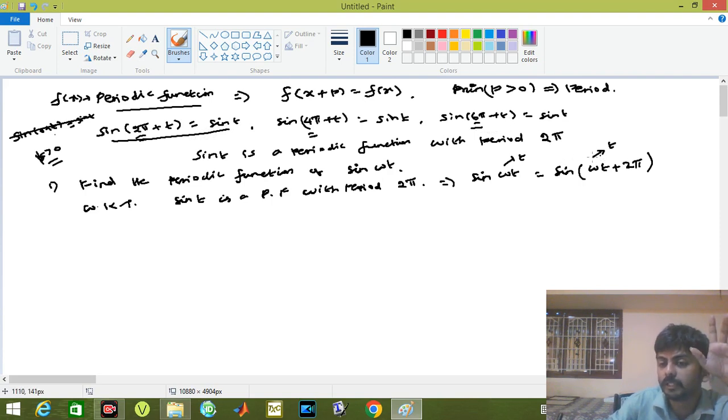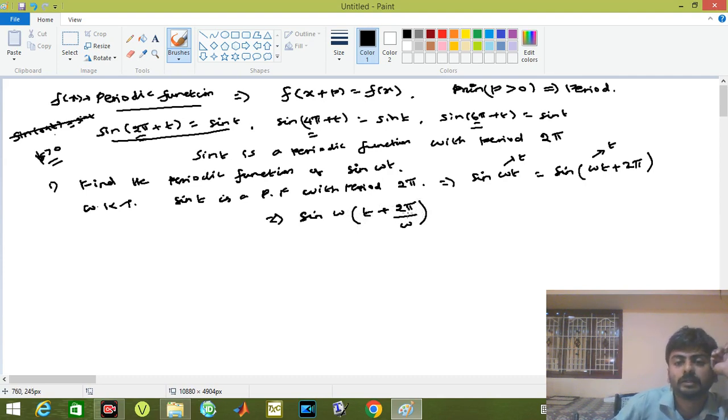So I have to take this t as omega t. Since in my mind I am fixing it as t, I have to consider it as omega t, means I have to make it as sine of, I am taking omega commonly outside, then I will get t plus, since I have taken omega commonly outside, I will get 2 pi by omega.